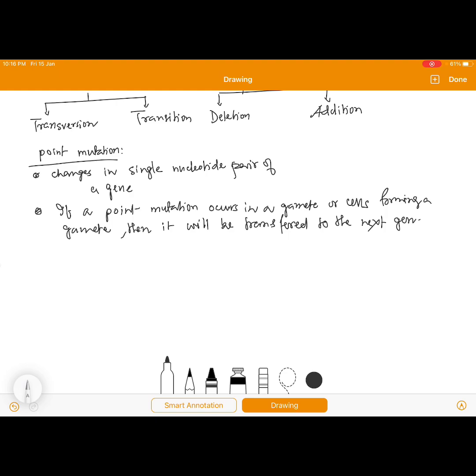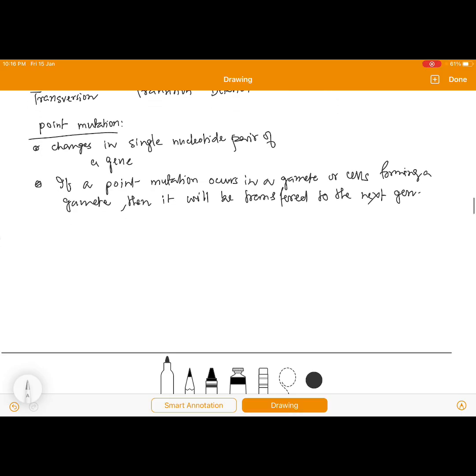Now there is a good example to understand point mutation, and that is sickle cell disease, which we also call sickle cell anemia.